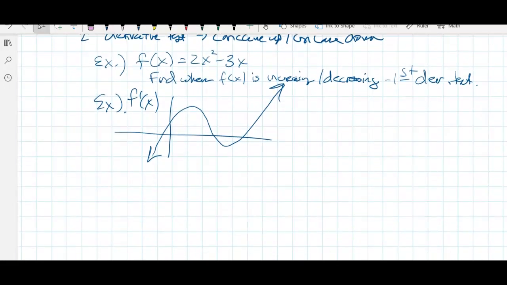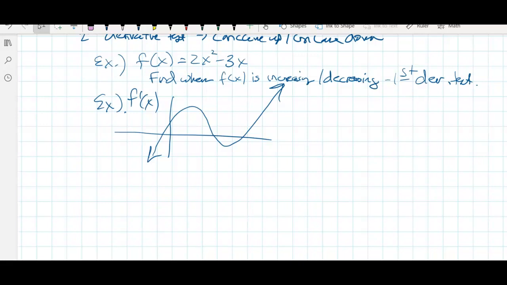If I give you the graph of a derivative, can you tell me where the original function is increasing and decreasing? I hope so. So this is understanding, wait a minute, that's not the graph of the function. That's the graph of the derivative of the function.